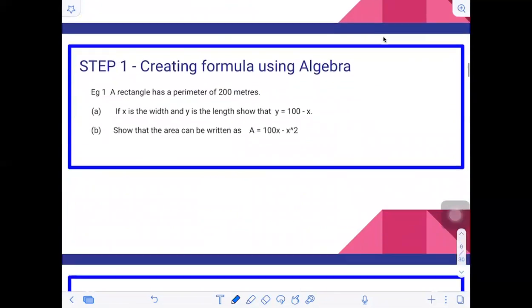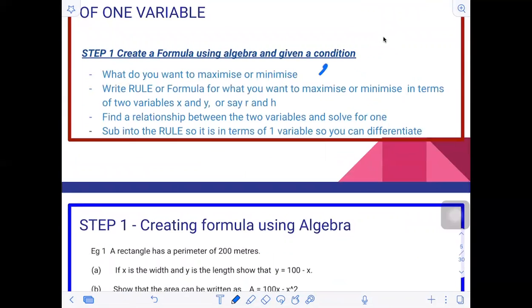Okay, so to create the rule, you've got to really keep an eye out on what you want to maximize or minimize. Sometimes when you're doing these questions, look at the end question and that will tell you what your focus is. Is it area? Is it volume? Then you look at creating a rule for this. A lot of formulas, like V equals πr²h, are in terms of 2 variables. If you're going to use calculus, you have to have it in terms of 1 variable.